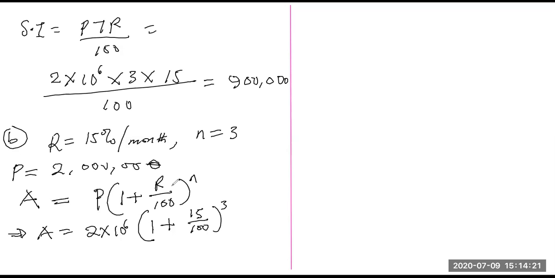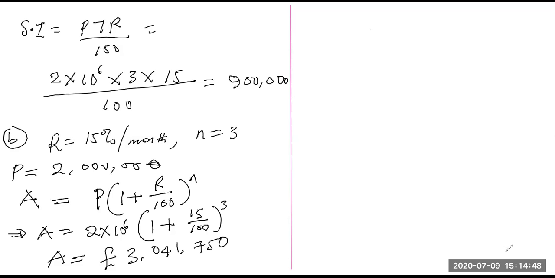And of course, when you solve your bracket first, which is going to give 1.15 raised to the power 3, then times 2 million, you end up having the amount. The amount now will give us 3,041,750 pounds. So this is what we are going to have as the amount. Hope this is simple enough.